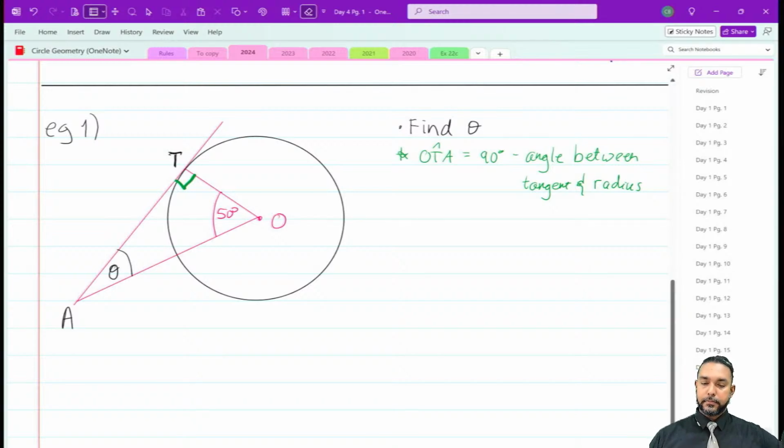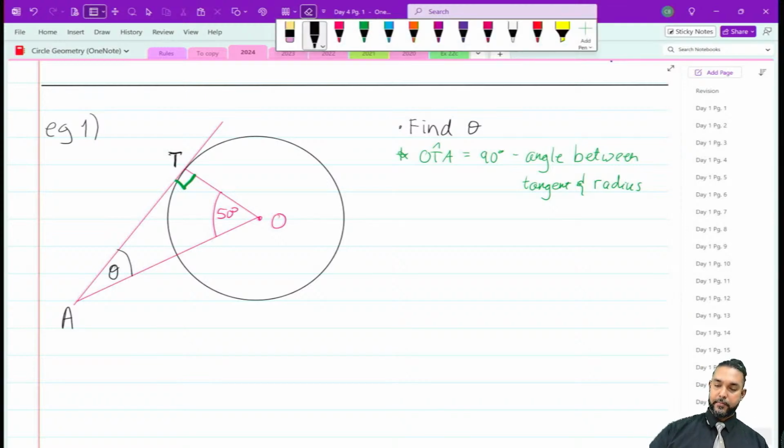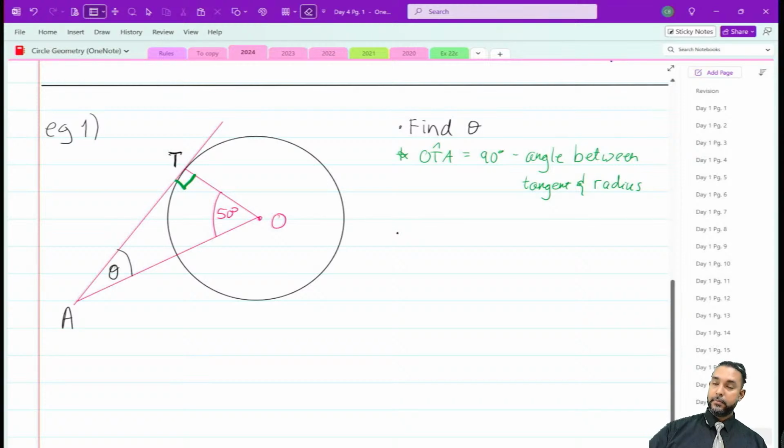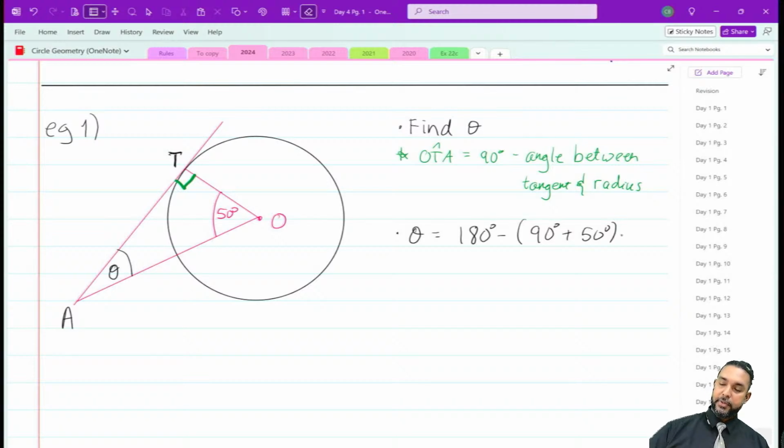Okay, cool. And how will we find this unknown angle theta down at the bottom there? Theta would be equal to 180 minus 90 plus 50 degrees. 90 and 50 is 140. 140 from 180 is 40 degrees. We could add an extra little asterisk here because we have to explain where the 180 comes from.